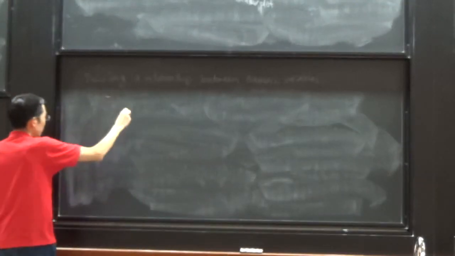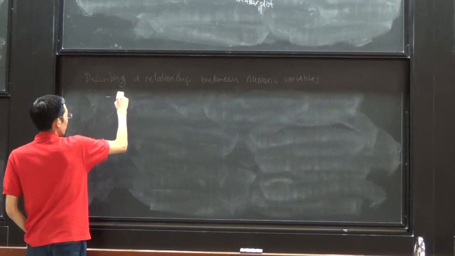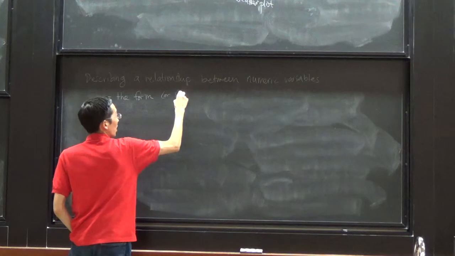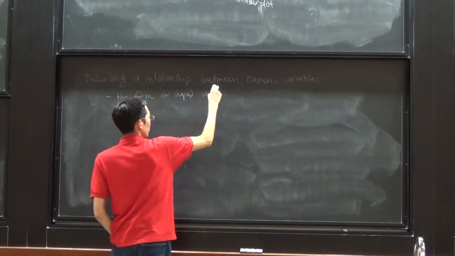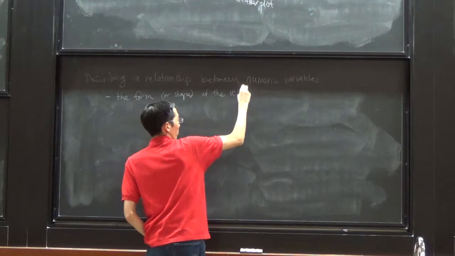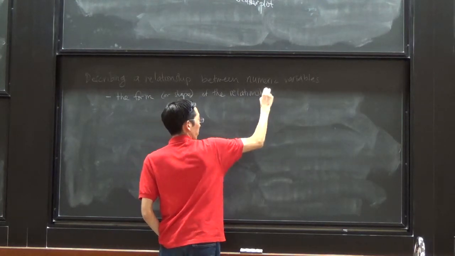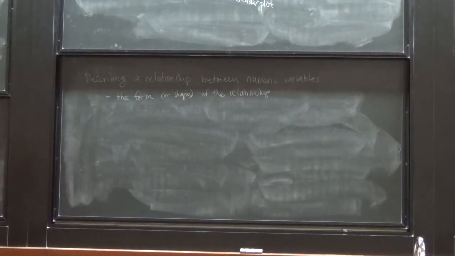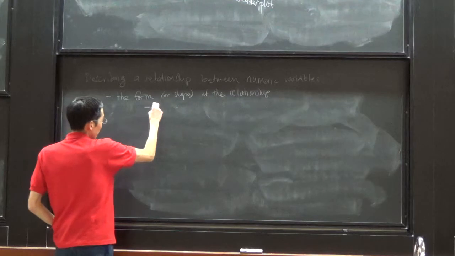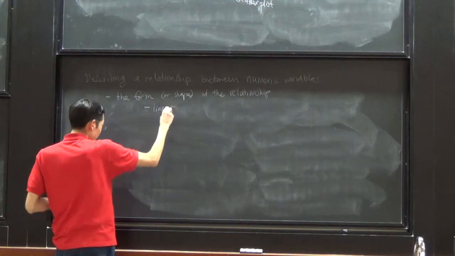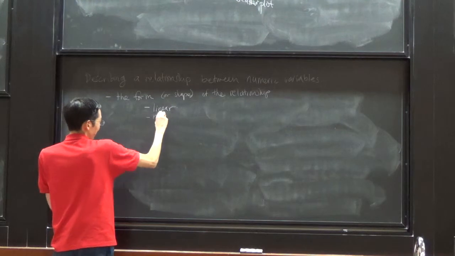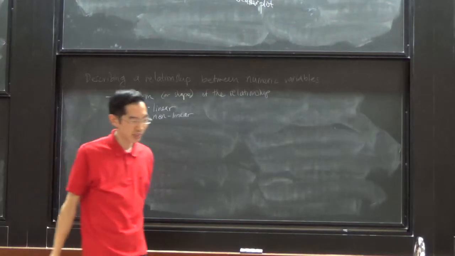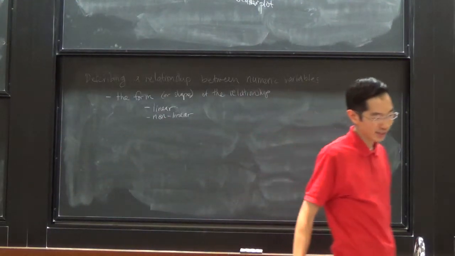Okay, so first we want to mention the form of the relationship, form or shape. And as far as this class goes, it's either the relationship is linear or nonlinear. Okay. Nonlinear is just a catch-all for anything that's not linear.